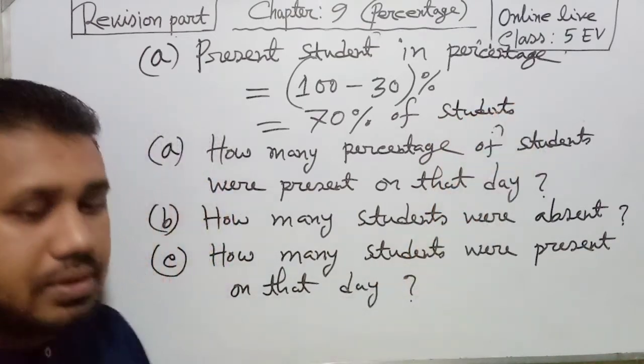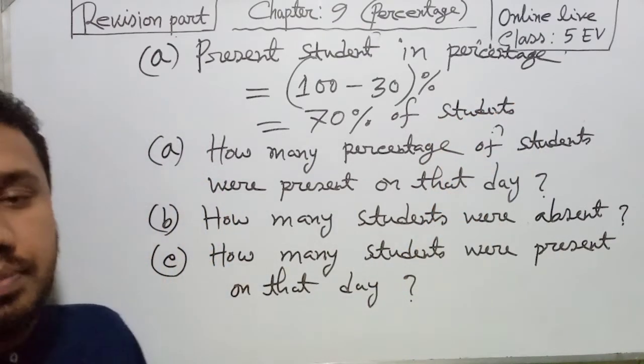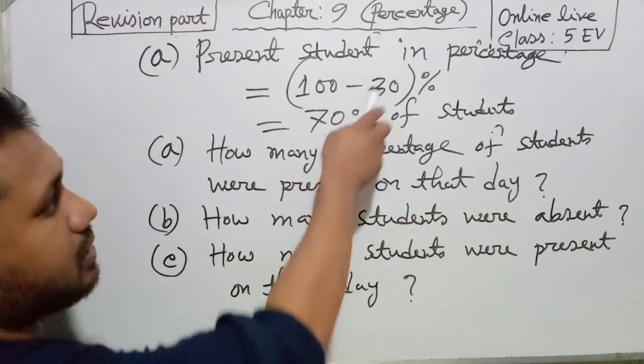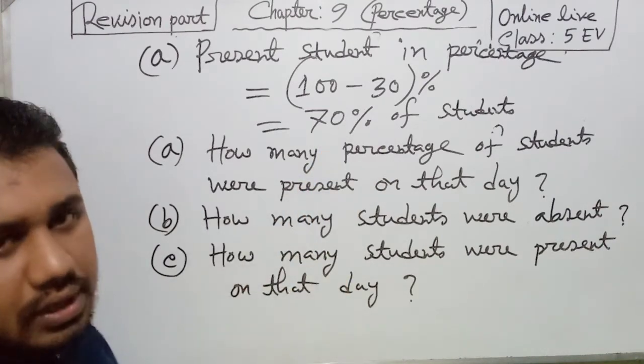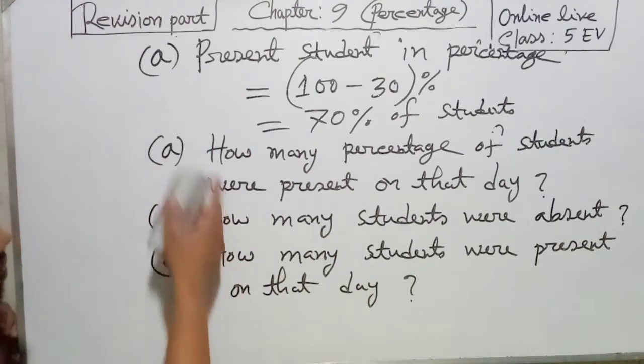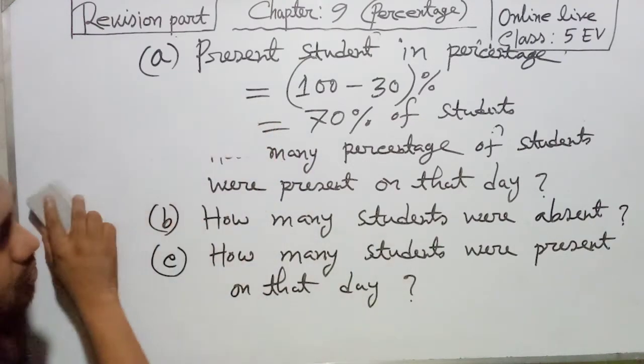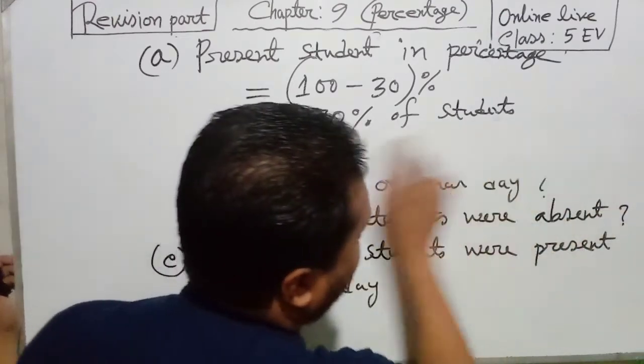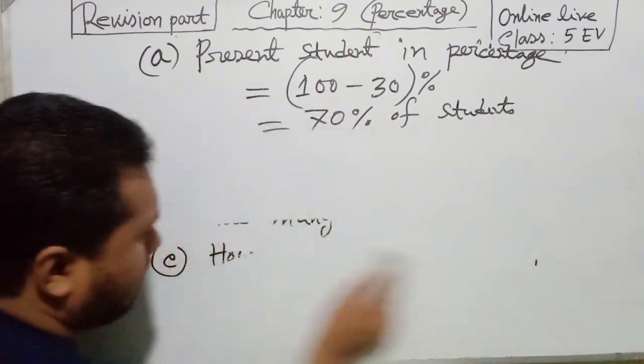That means 70% of students were present on that day. 70%, with 30% absent among the 100. So 70% of students were present. Now we have to say how many students were absent, then we can find how many students were present.